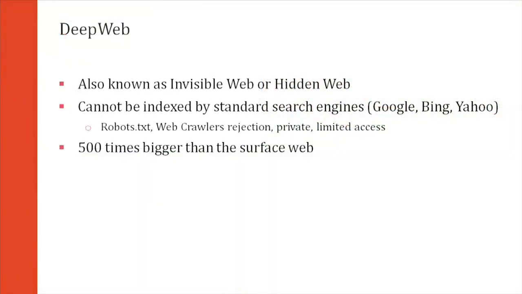As I said, it might be 500 times bigger than the normal surface web. Surface web is what we call the web that we all know. You can also access it via the Tor network. Tor is a network called the Onion network, which is basically used for anonymous browsing.